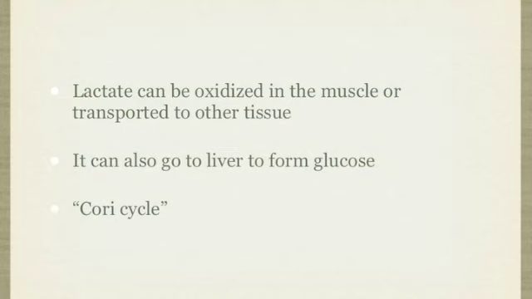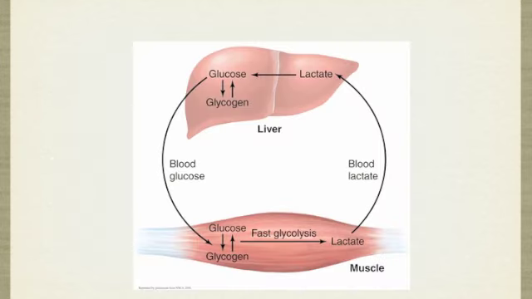When it's transported to the liver to form glucose, it's called the Cori cycle. And this is just a depiction of fast glycolysis, which converts pyruvate to lactate when not enough oxygen is available in the muscle. Then the lactate is transported to the liver and converted to glucose. The glucose comes back and is used again in the process of fast glycolysis.